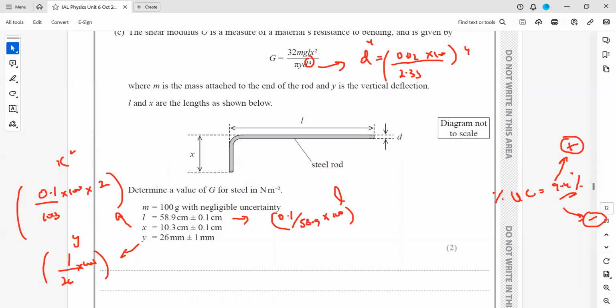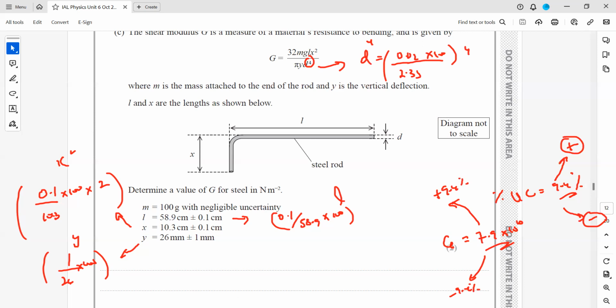When we calculated the value of G in the previous part, for example, the value of G was 7.9 into 10 to the power 10. Because we worked out the percentage uncertainty is 9.4%, it can be plus 9.4% of the value, or minus 9.4% of the total value.